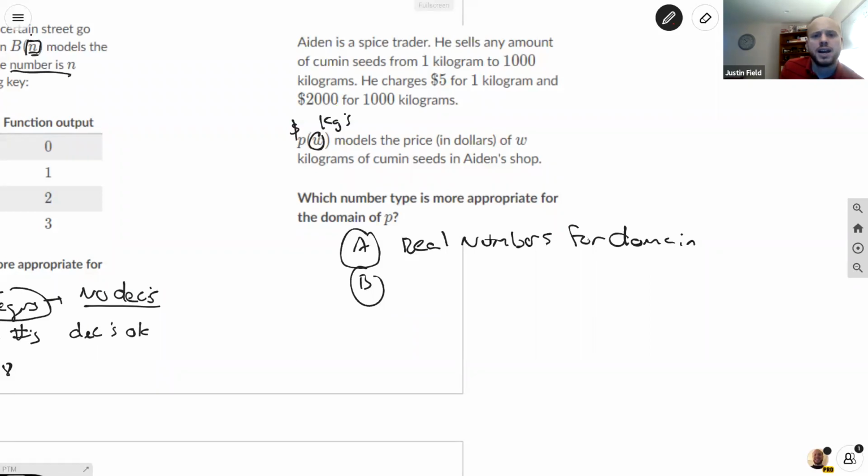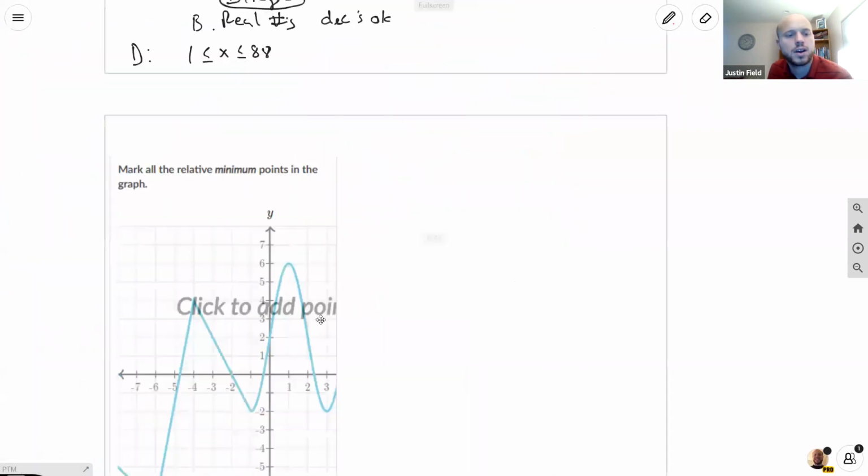Okay, so this guy sells from 1 kilogram to 1,000 kilograms. The minimum he's going to sell is 1, and the maximum he's going to sell is 1,000. So min, max. That's the domain. All right.